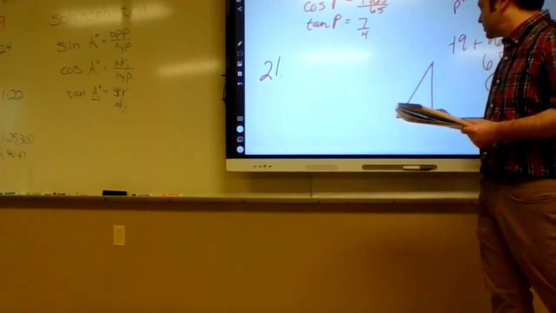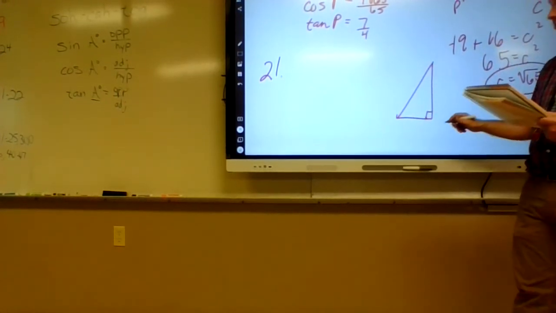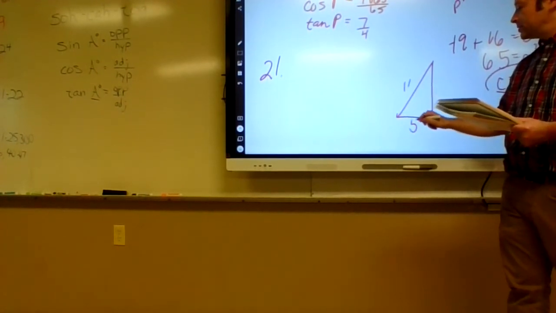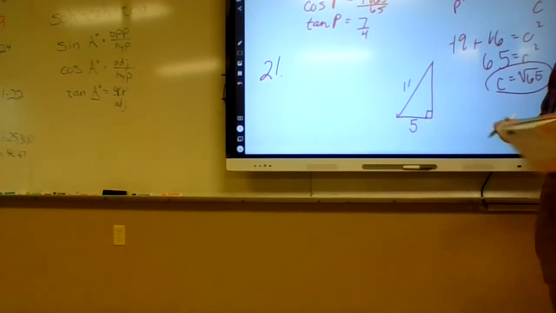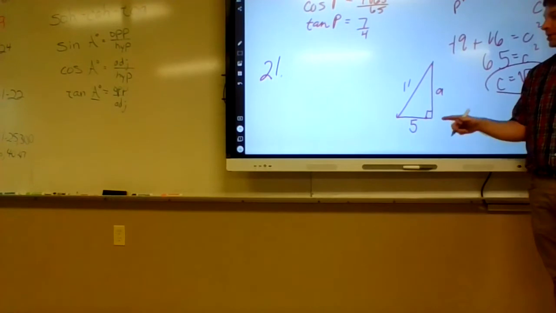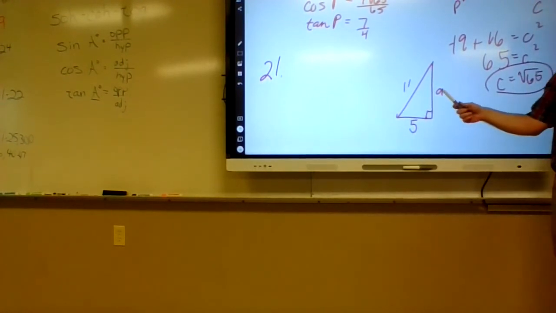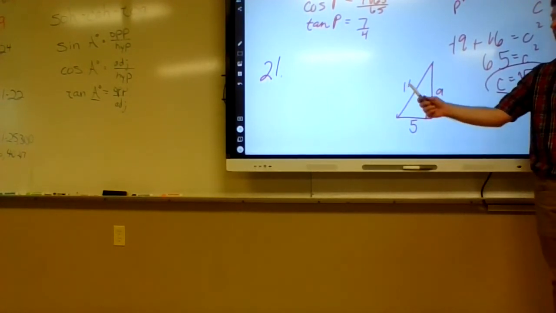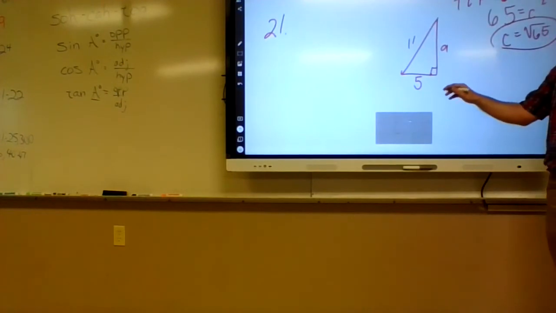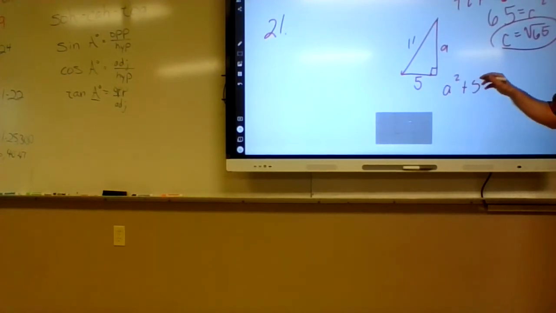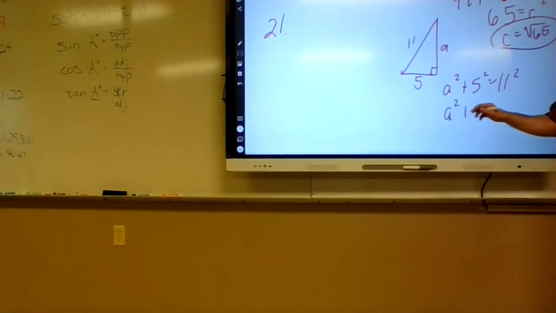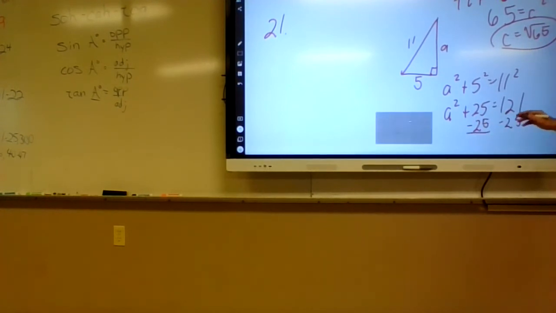21 has this triangle right here, so what do we need to do first? Find the missing side. So, a squared plus 5 squared equals 11 squared. 25 and 121. Then subtract the 25 from the 121, you get 96.